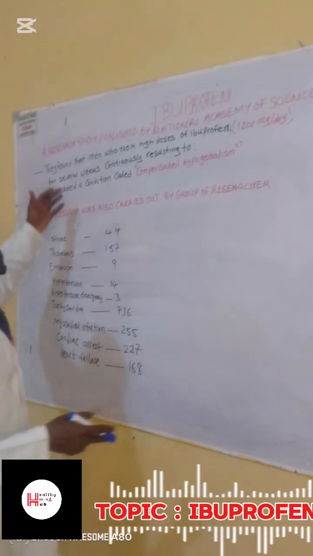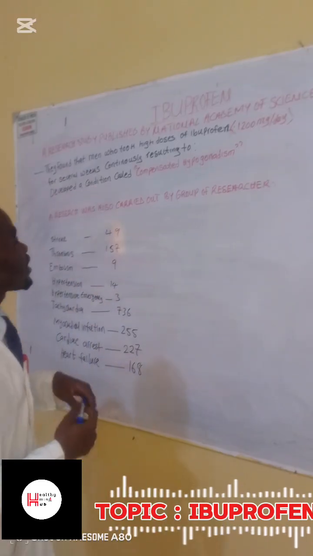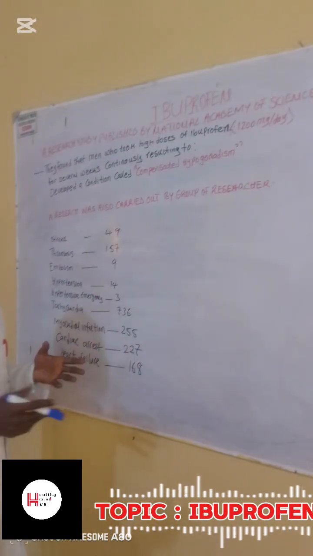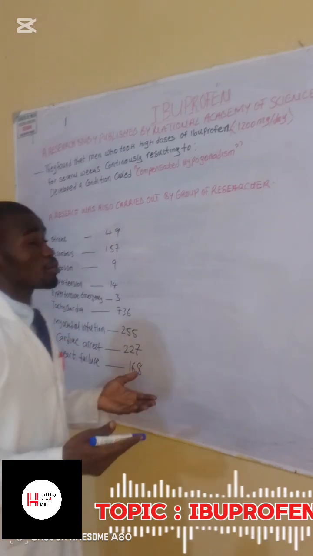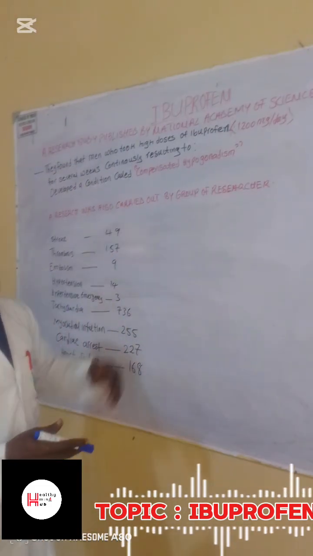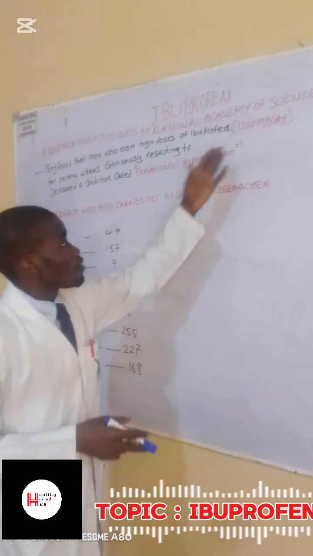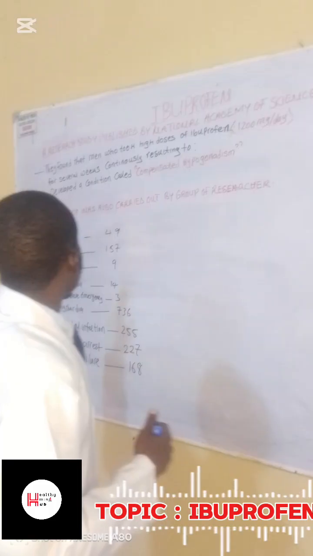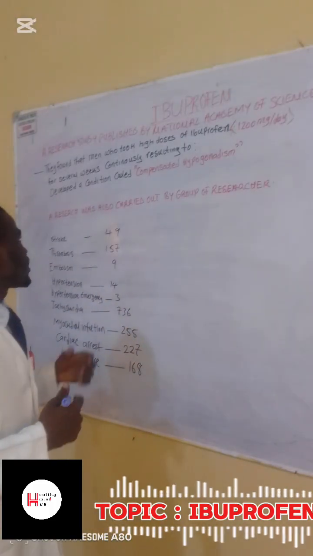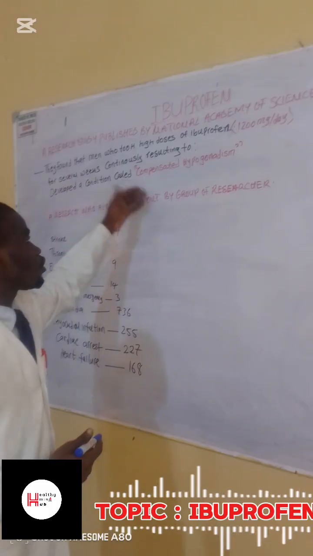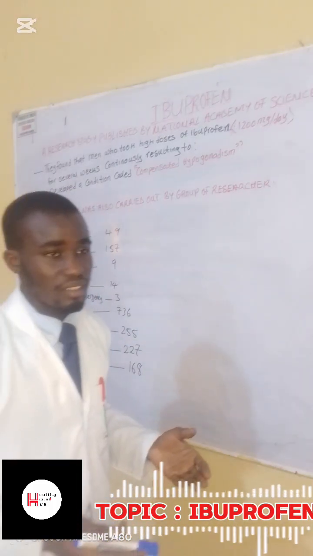Research published by the National Academy of Sciences in 2018 analyzed the effect of ibuprofen on men. They found that men who took high doses of ibuprofen, 1,200 milligrams per day continuously for several weeks, have a chance of developing a condition called compensated hypogonadism.